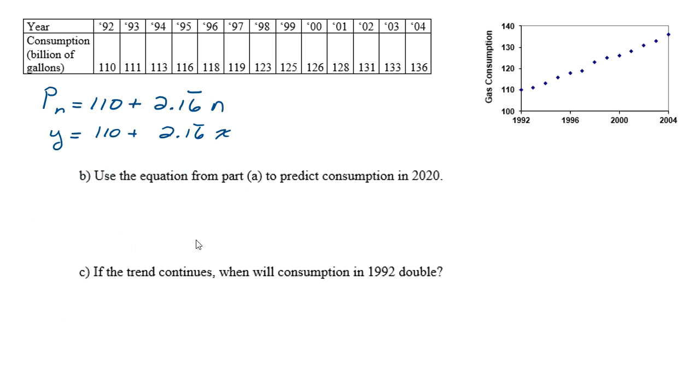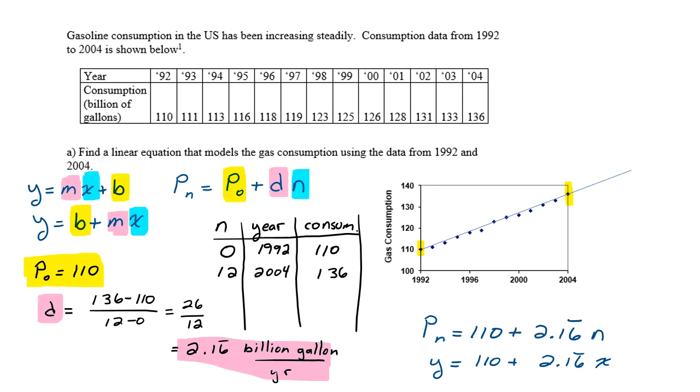So now what we want to do is use our equation from part A to predict the consumption in 2020. This is where you really have to remember what your year 0 was. So let's go back over to this chart. If we want the year 2020, we have to figure out how many years have passed since 1992, because that was our year 0.